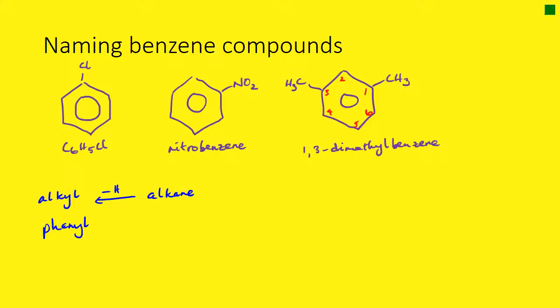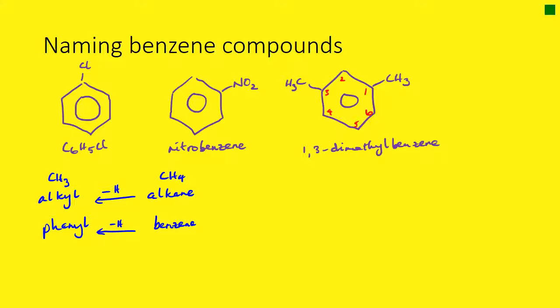So for example, you would have an alkane like methane, and you would get CH3, which is methyl, which is an alkyl group. And in the same way, we can make a phenyl group, except we start with a benzene. Start with the benzene, remove the hydrogen, and we get a phenyl group.